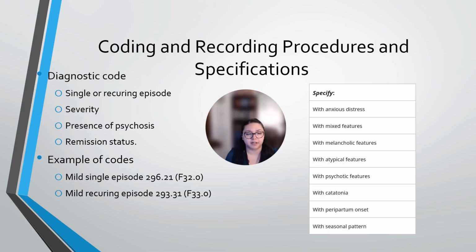For example, is this a single or recurring episode for the client? Thinking back to maybe our character Eeyore, I would say severe and recurring, right? Presence of psychosis: is that present or not present? Remission status: at what point of remission are we in? And that's going to be significant to talking about different chronic levels.